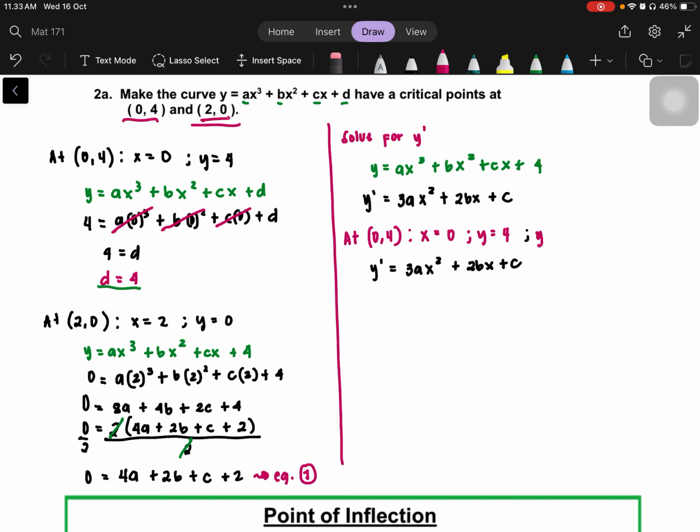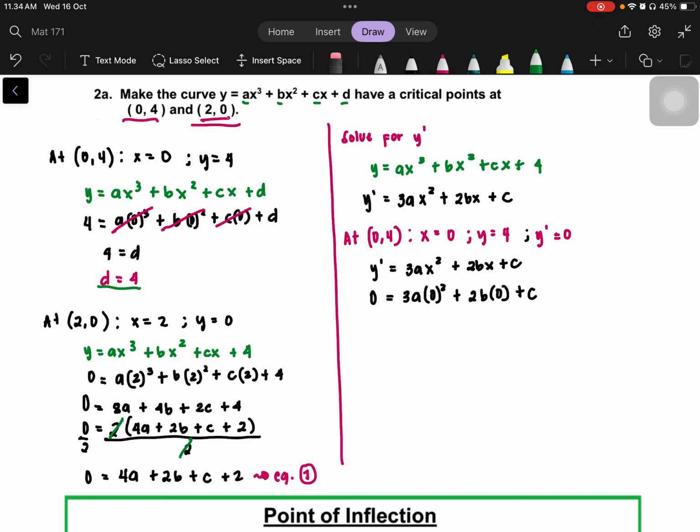E diba sabi natin that y prime, since yan ay critical points, ibig sabihin your y prime is 0. Okay? So, since y prime is 0, pwede natin siyang i-substitute din. So, we will be having 0 is equal to 3a 0 squared plus 2b 0 plus c.